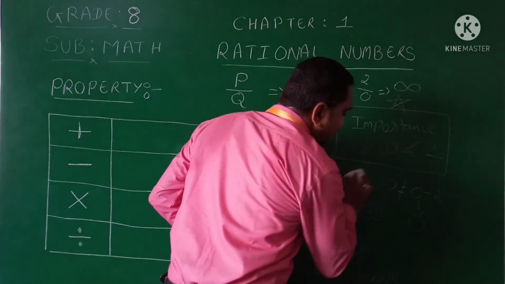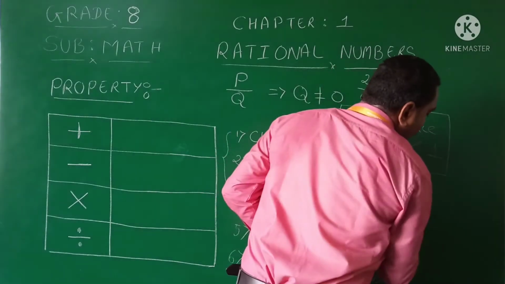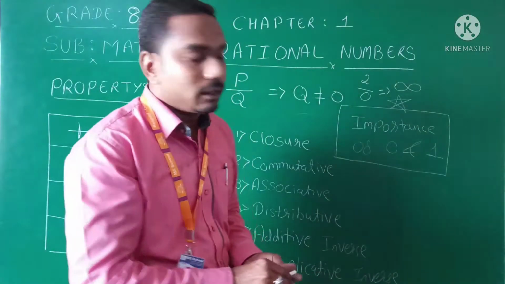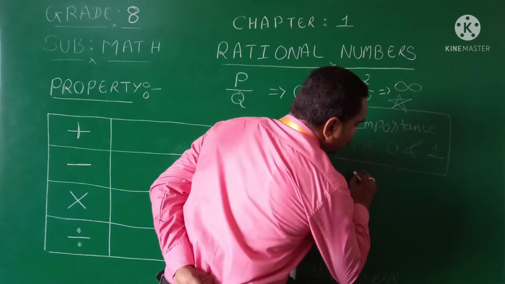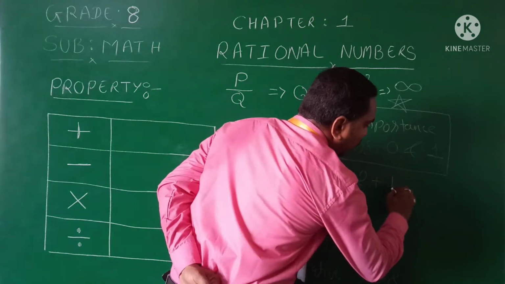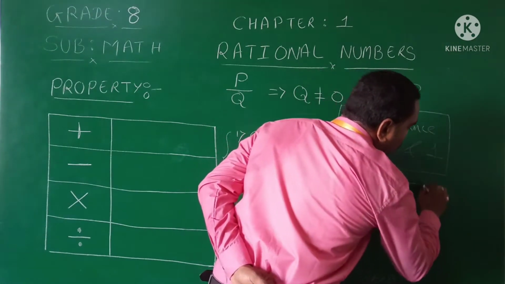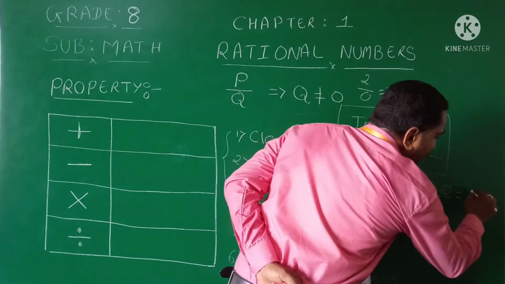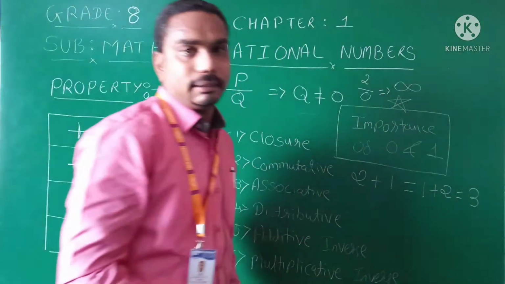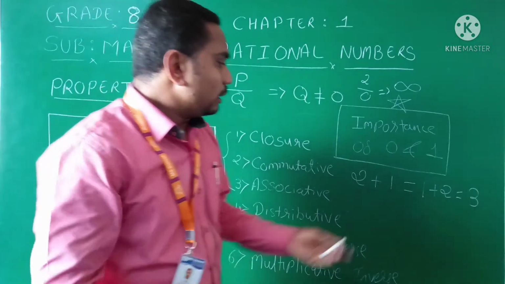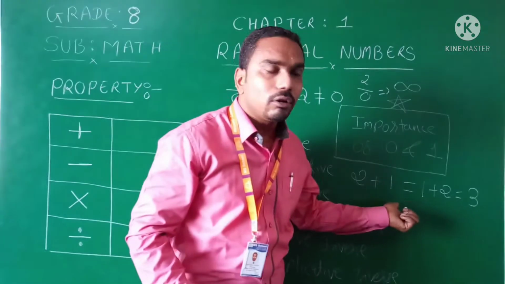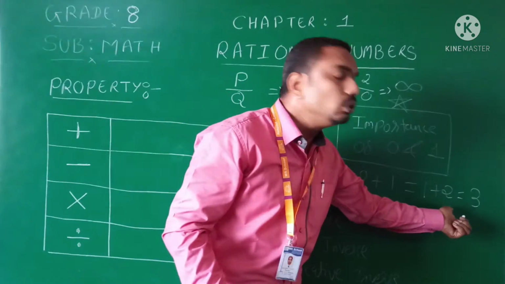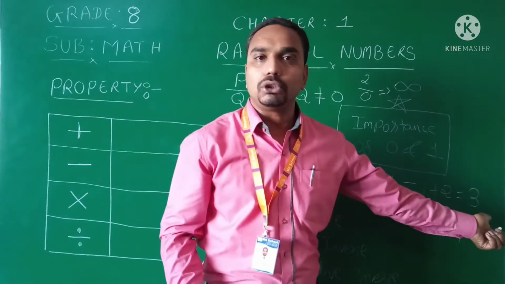Similarly, let's take an example for 1. 2 plus 1 is equal to 1 plus 2 is equal to 3. So 2 plus 1, or 1 plus 2, the answer remains the same, that is 3.